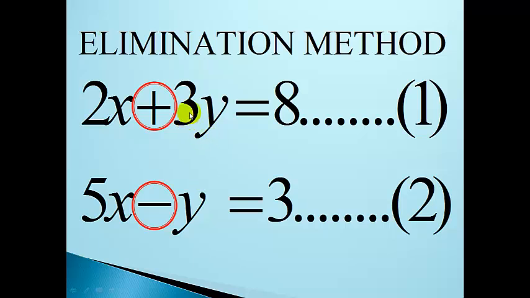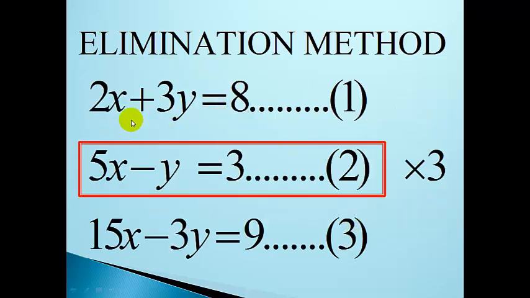The constant coefficient of y in equation 1 is 3, but the constant coefficient of y in equation 2 is 1. Before we can add the two equations together to eliminate y, we have to make sure that the y has the same constant coefficient in both equation 1 and equation 2. That means that we have to multiply equation 2 by a constant.